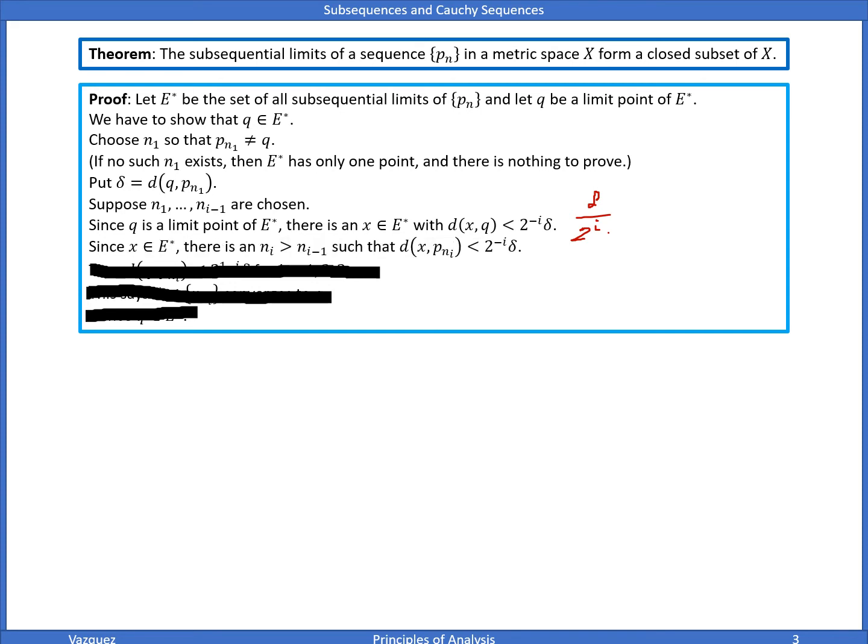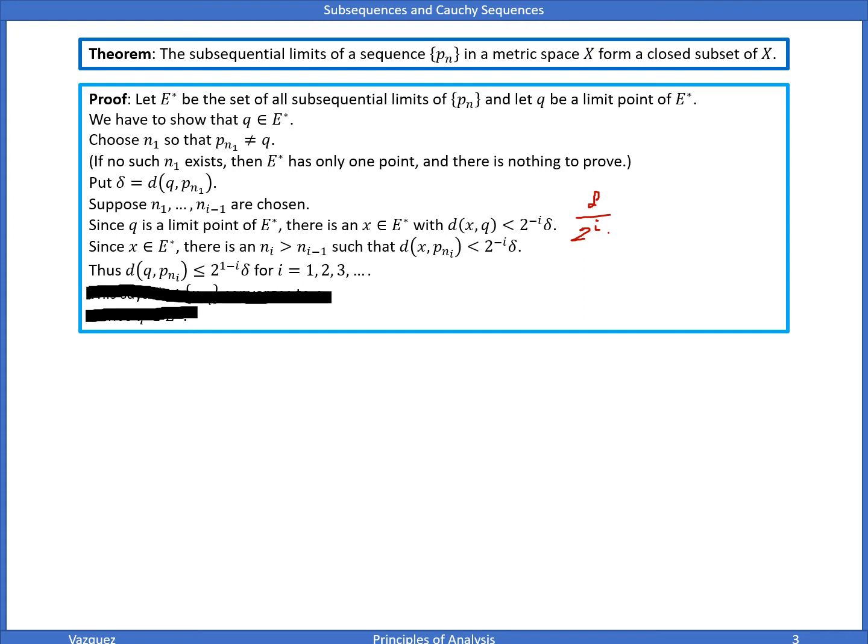Right? So since X is in E star, there's an n sub I greater than n sub I minus 1, such that the distance between X and that point, P sub n sub I, those points are less than, again, delta over 2I. What does that tell us?